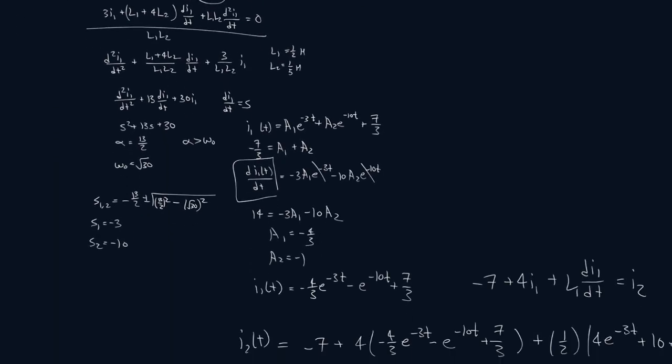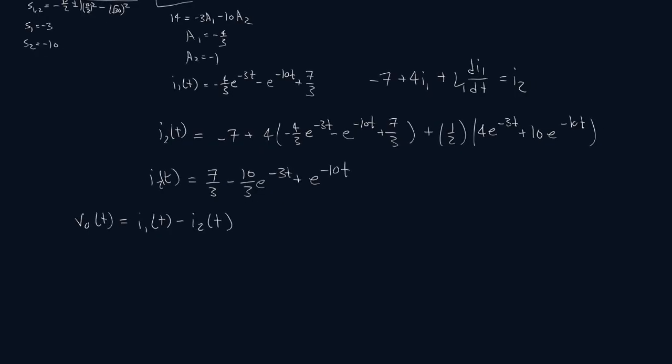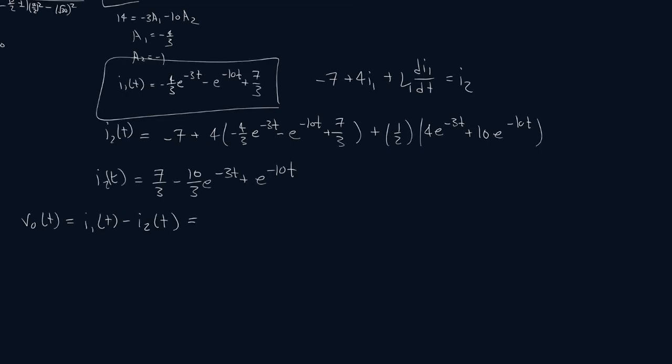It's pretty much I1 minus I2, and I1 minus I2 is going to be your Vo(t). So we have to take these two, and you should get the following.